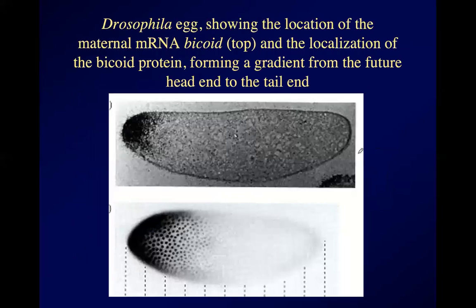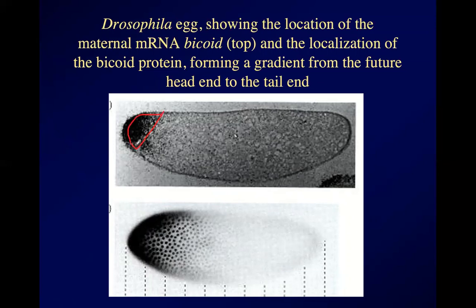So here's a fruit fly egg, and this comes out of Dr. Nüsslein-Volhard's work. She was able to stain this Drosophila egg for the presence of messenger RNA for a maternal gene called bicoid. And you can see that maternal messenger RNA is all clumped up here at one end of the egg cell.